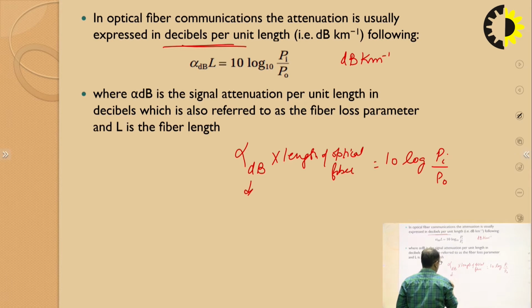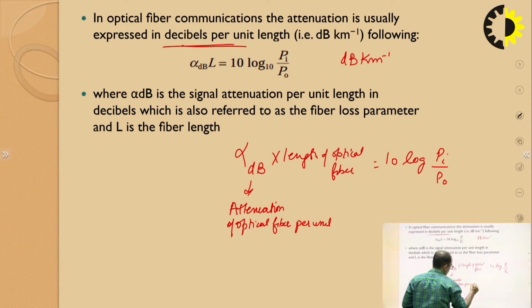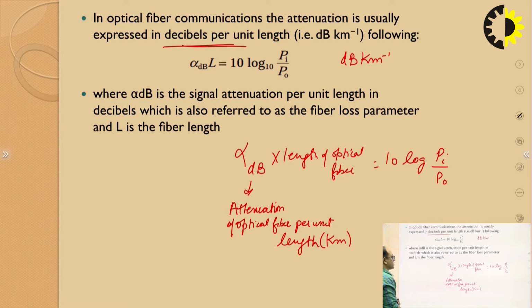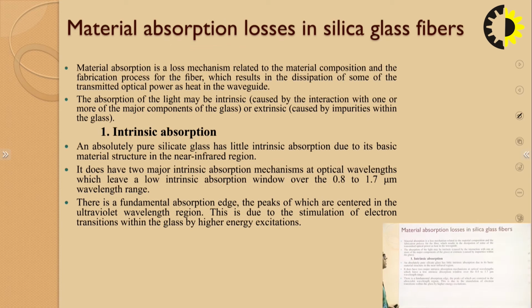Here alpha is the attenuation of the optical fiber cable per unit length, and this length can be expressed in terms of kilometer. Clear? So if I want to calculate the overall attenuation, it is 10 log of Pi by P out.